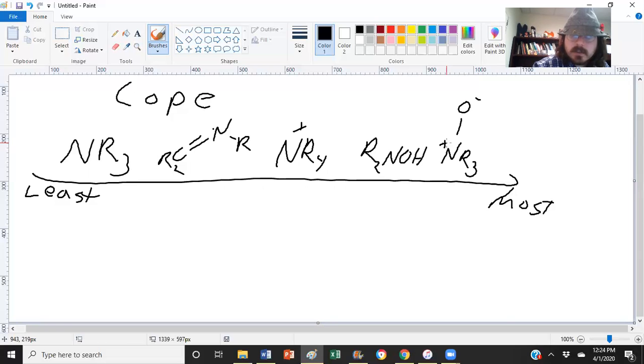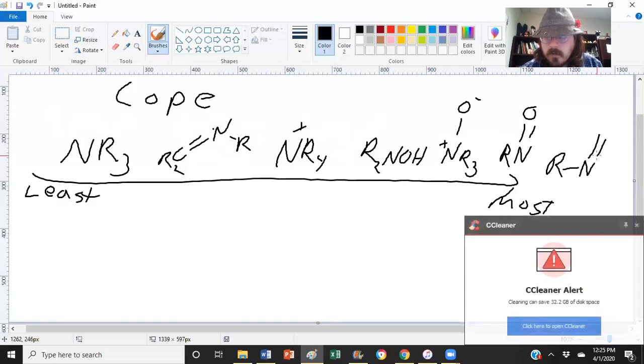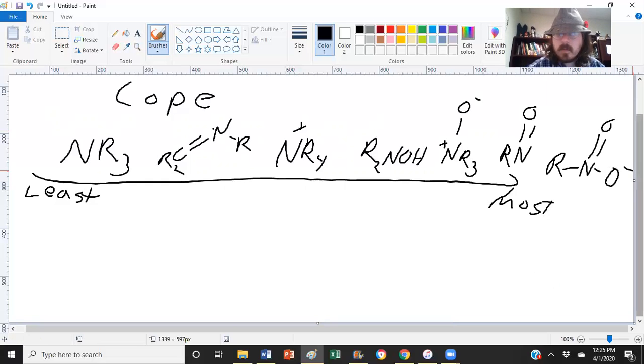Still single bond, so you see the charged is greater than the neutral. Now we can start our first nitro group, and then our final situation is our full-on nitro group. So we could go all the way from here to there. That'd be the greatest degree of oxidation.